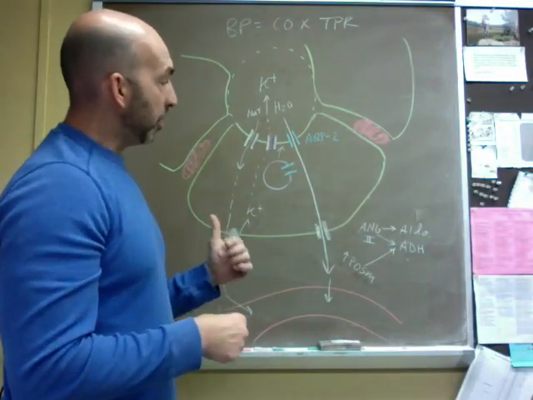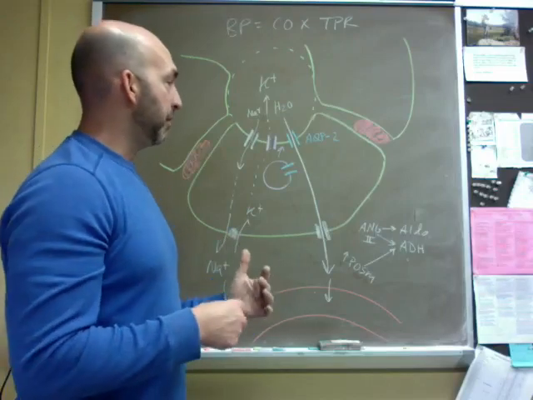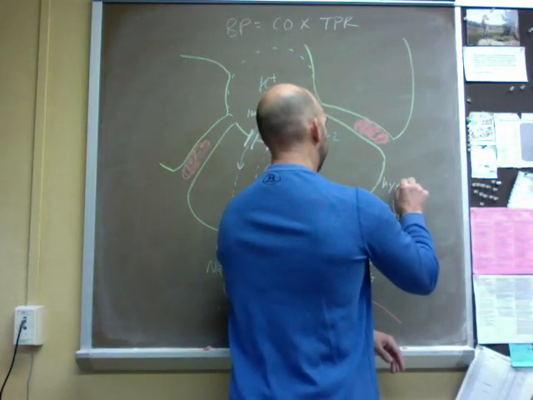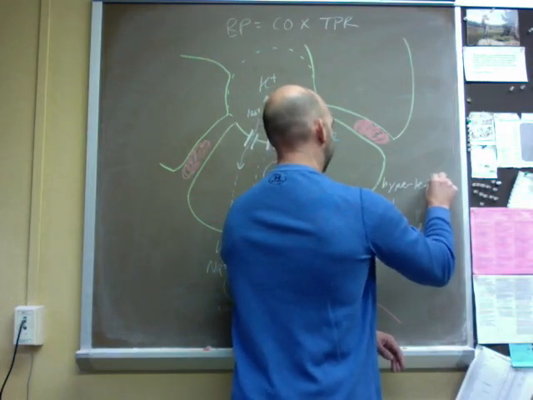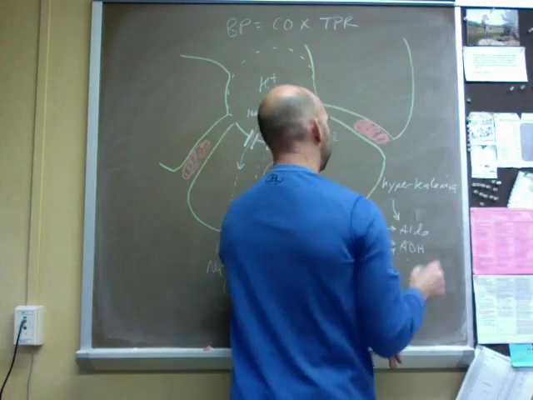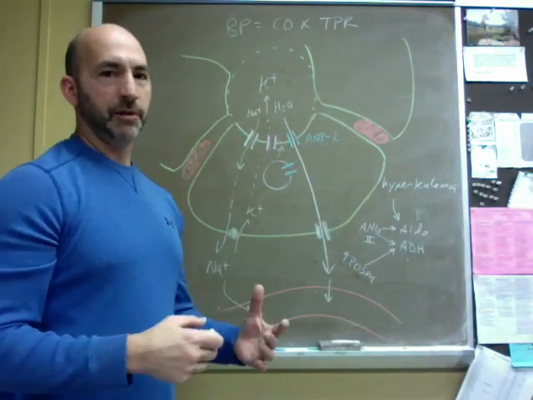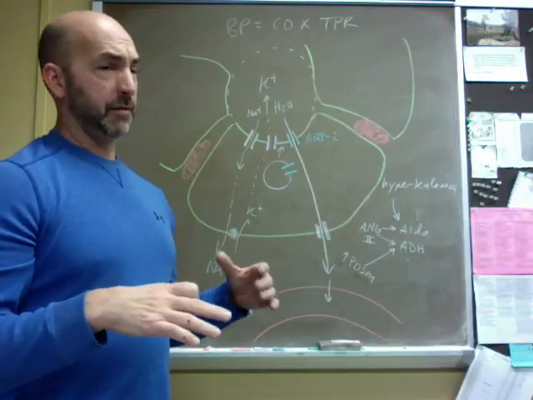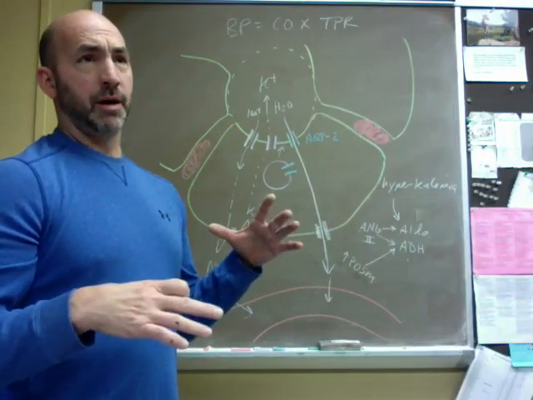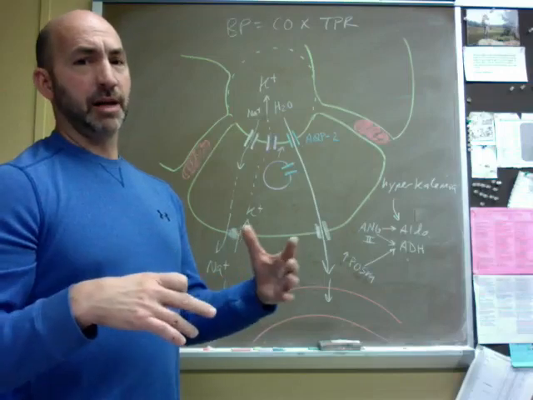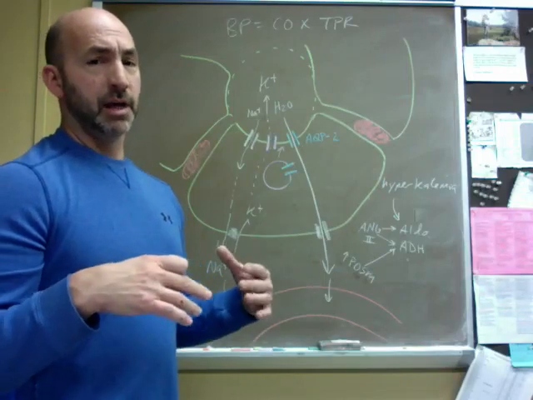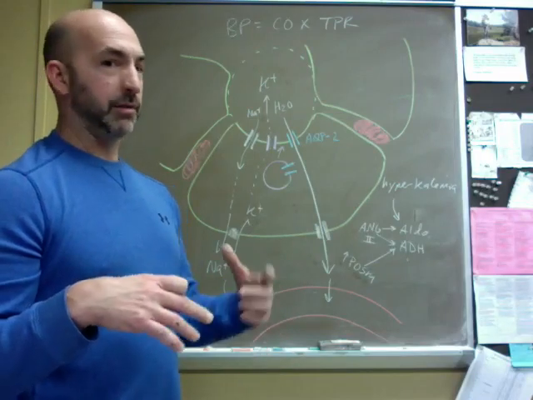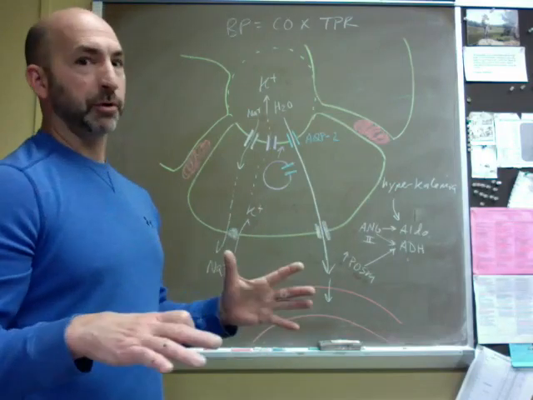Now, aldosterone is also and more potently stimulated by hyperkalemia, which is high potassium levels in the extracellular fluid. And that makes perfect sense. High potassium levels in the ECF are very dangerous because potassium efflux from a lot of cells, movement out of those cells, is very important for repolarization. In neurons, in muscle cells, think heart, right? Super important.